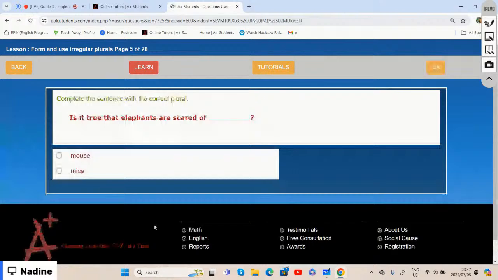Let's do the last one. We need to select the correct plural. Is it true that elephants are scared of mouse or mice? The plural. Is it mouse or mice? We need to select the correct plural.